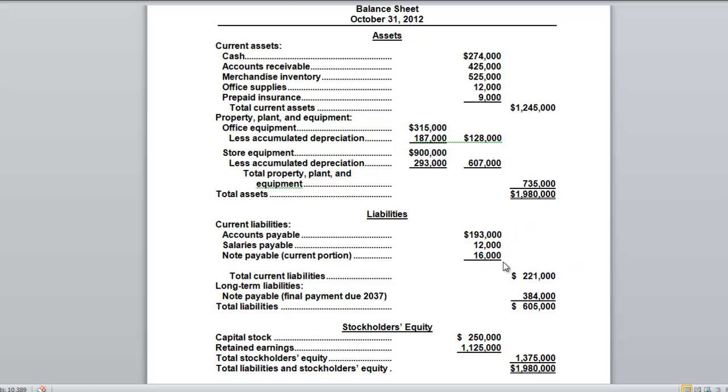We look at the total of our current liabilities, and they equal $221,000. The remainder of our liabilities are long-term. The total of our liabilities is $605,000. The next step, of course, is to calculate the total equity. The $250,000 in capital stock was given to us, and the retained earnings of $1,125,000, right?